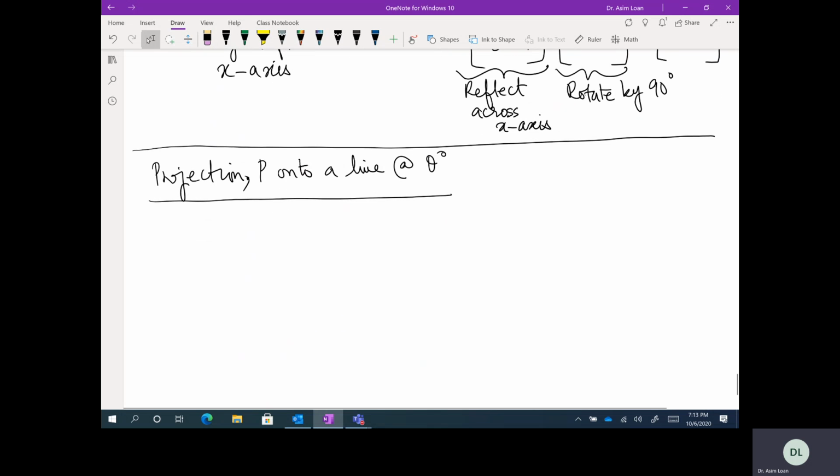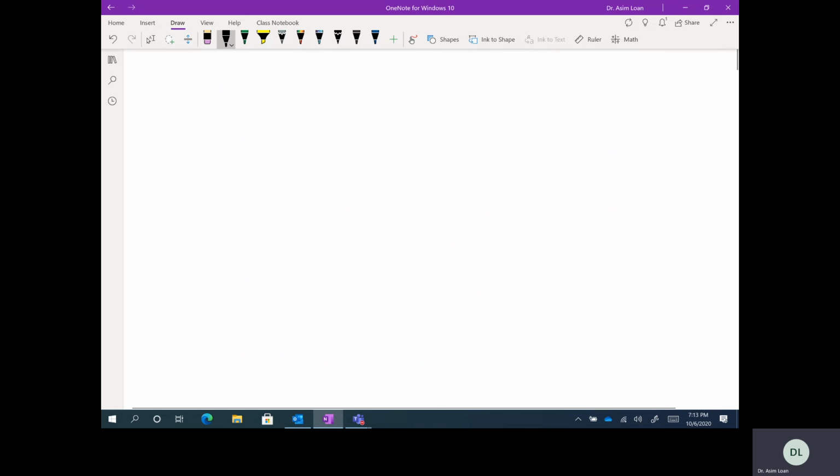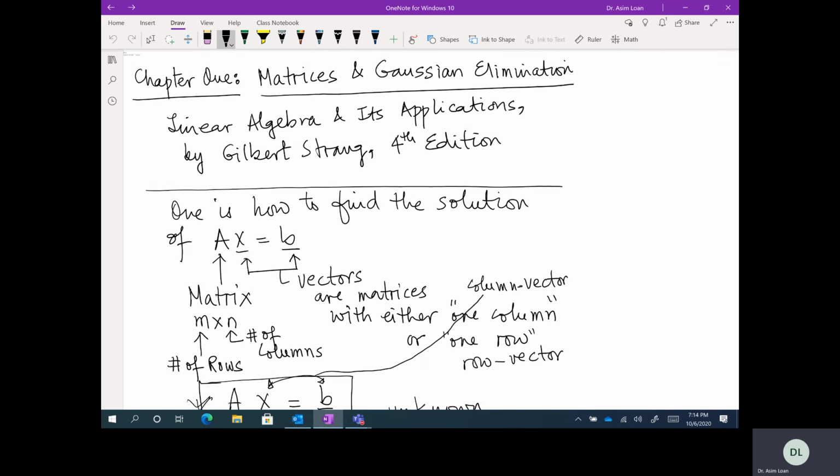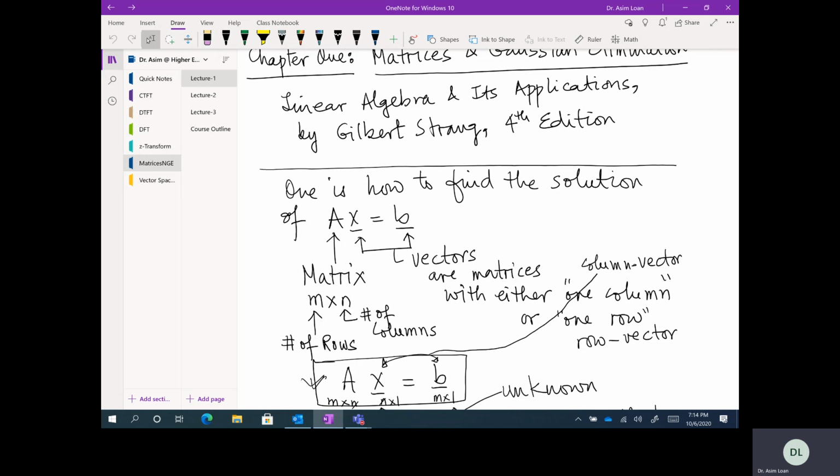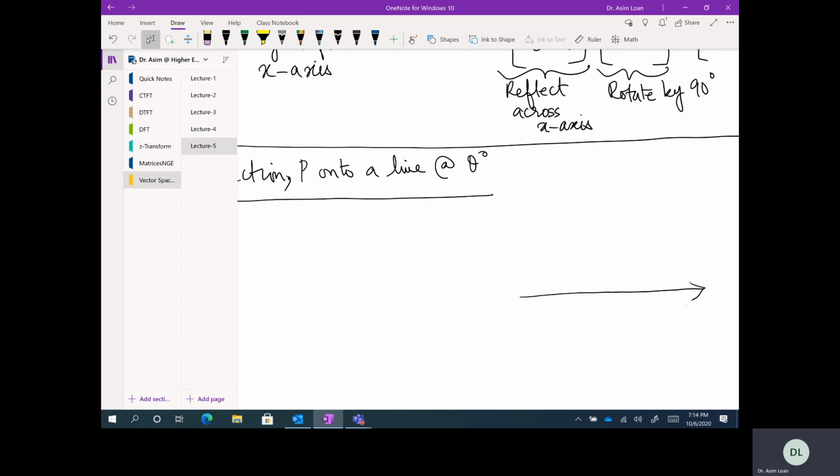Again, if I draw this picture, I have this line. This line is at theta here. This one is 90 minus theta.